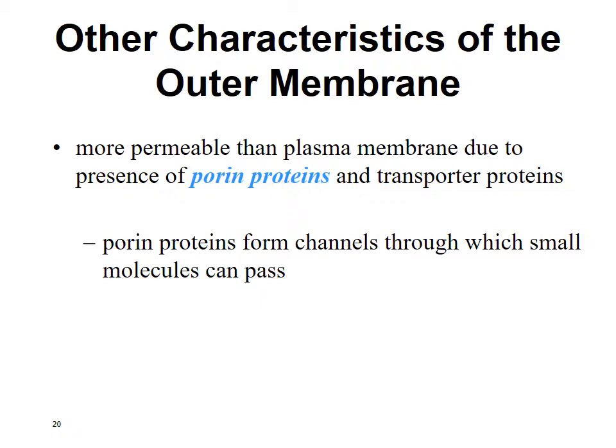Larger molecules such as vitamin B12 can also cross the outer membrane, but these large molecules don't pass through porins. Instead, they're transported across the outer membrane via specific carrier proteins.